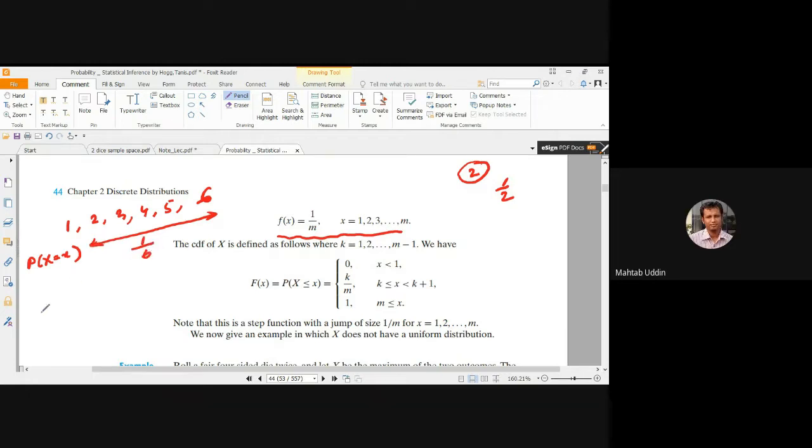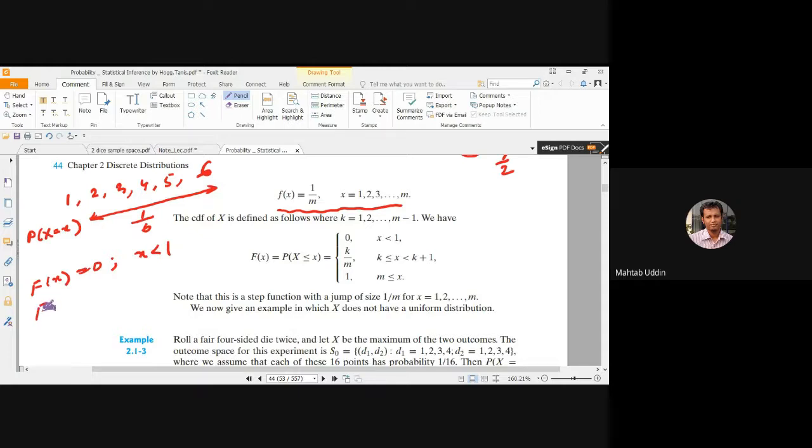Now we are going to find the CDF F of x. Before entering 1, the probability has not yet started, so the probability is 0. Now if we go to 1, we have one element, so the probability is 1 by 6.